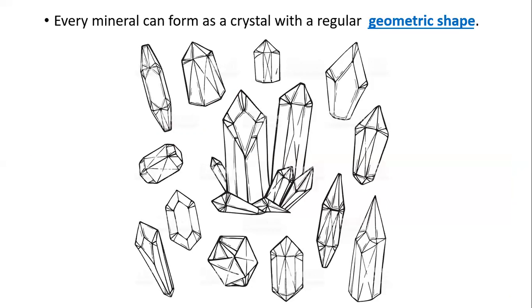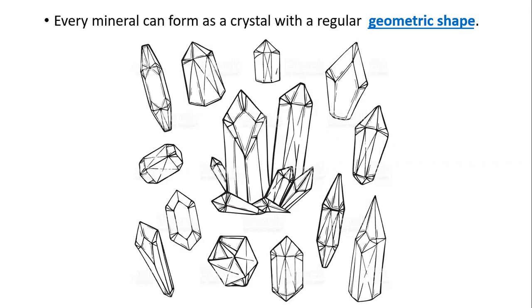We also learned that every mineral can form as a crystal. Do you know this crystal here with a regular geometric shape? It's called quartz. Quartz is a type of mineral, but the shape of these minerals is called geometric.